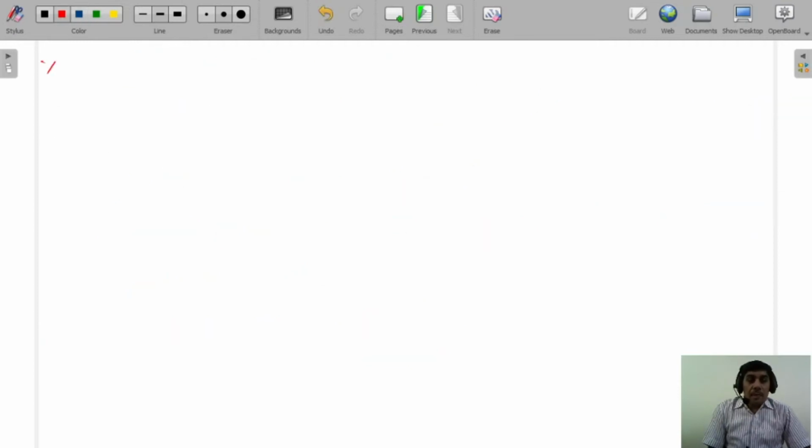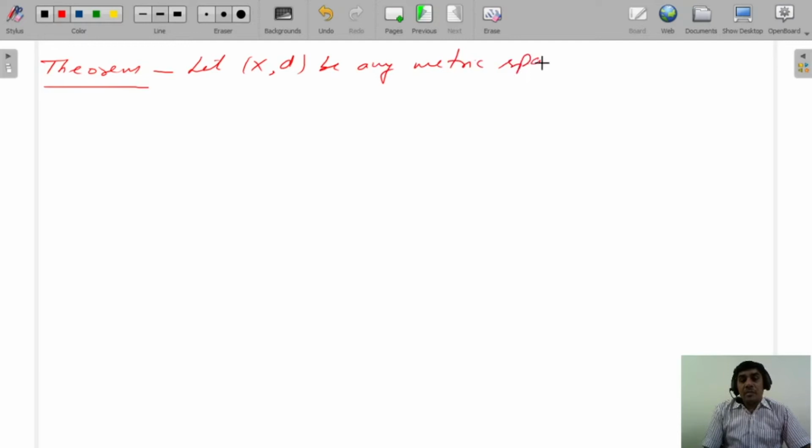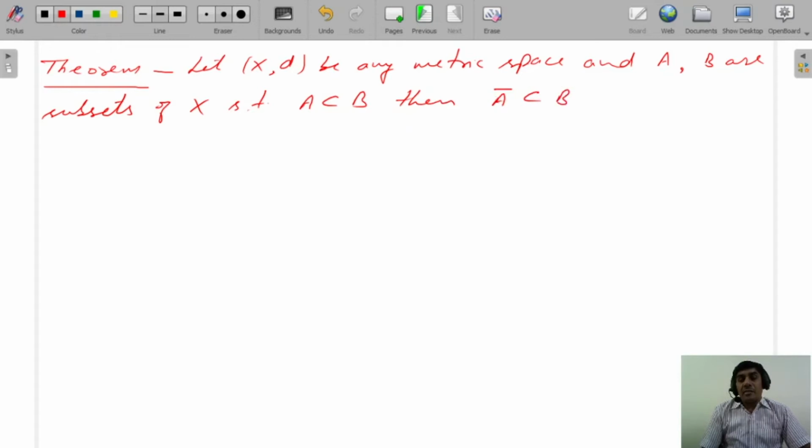Next theorem. Let (X, d) be any metric space and A, B are subsets of capital X such that A is contained in B, then A closure is also contained in B closure.